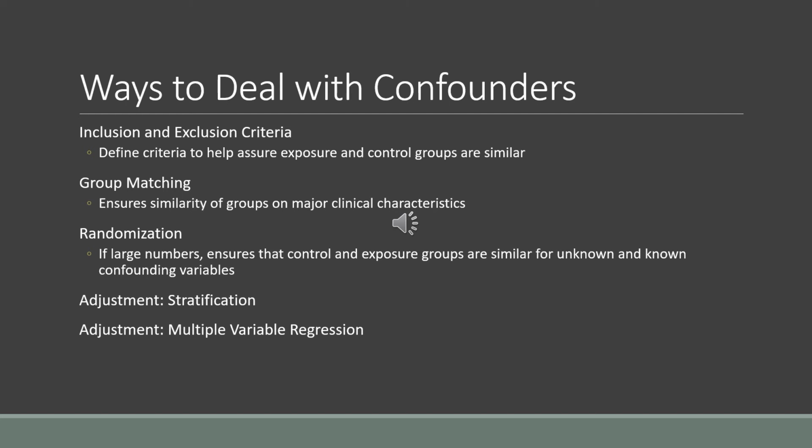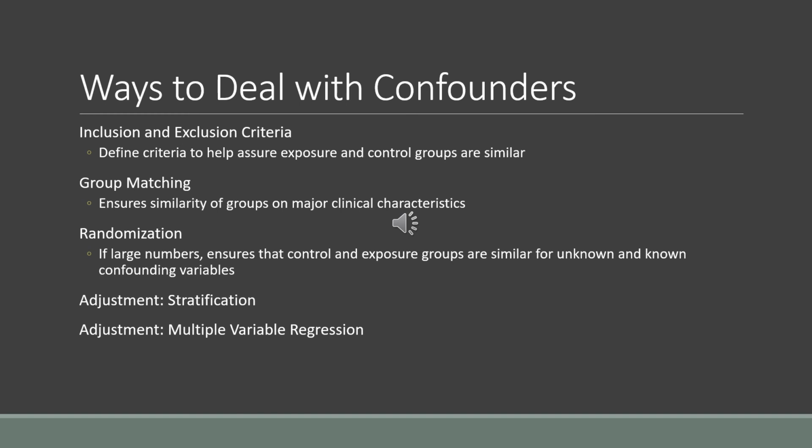So you want to define characteristics to help assure that the exposure and control groups are very similar with regards to their baseline characteristics, but you also want to make sure that you can sometimes exclude patients who have obvious confounding variables. So if you're looking at aspirin versus placebo in terms of bleeding, you might want to exclude patients who also take Motrin because Motrin by itself can cause bleeding. So you can exclude those patients to limit the number of confounding variables in your study.